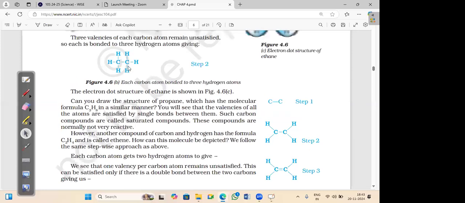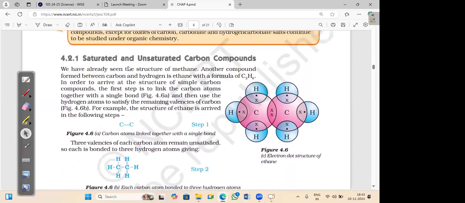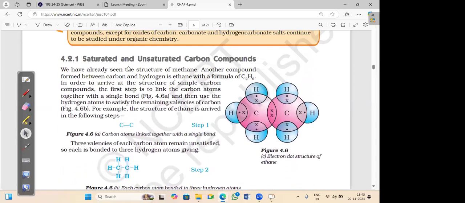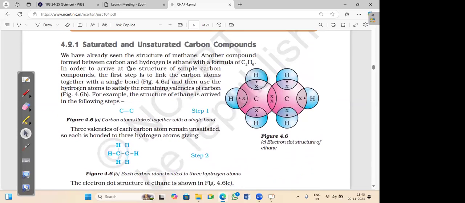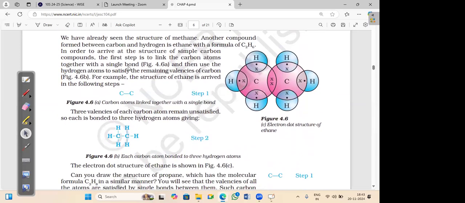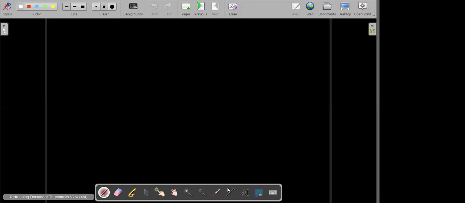So saturated and unsaturated hydrocarbons, we start from here. What are saturated hydrocarbons and what are unsaturated hydrocarbons? Then how we differentiate between them.